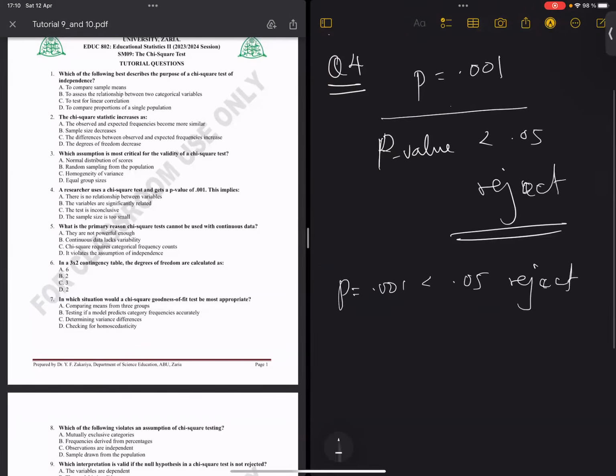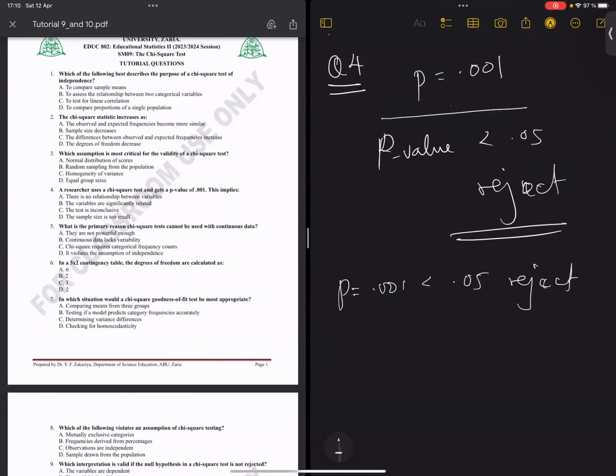And when we reject the null hypothesis that says the 2 variables are independent, that means the 2 variables must be dependent, must be related. So option A, there is no relationship, cannot be the answer.